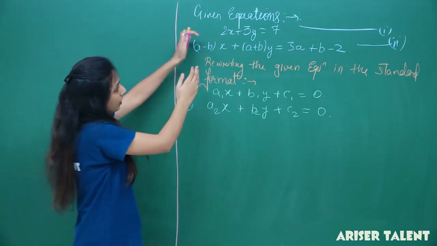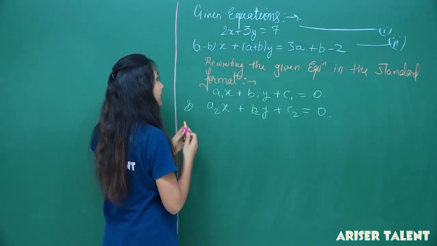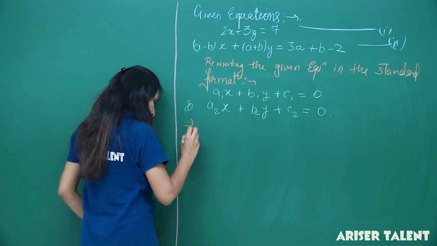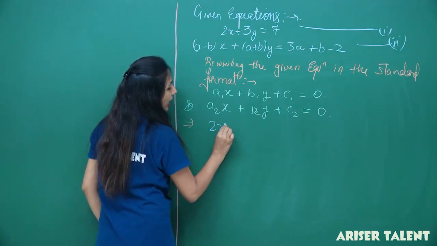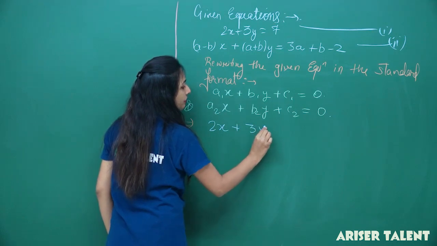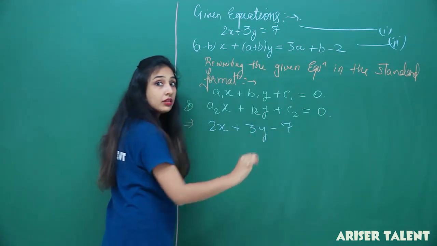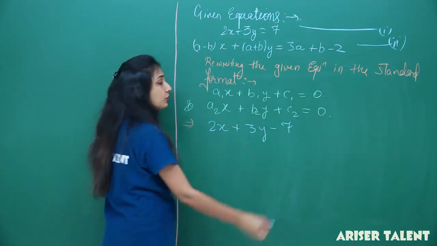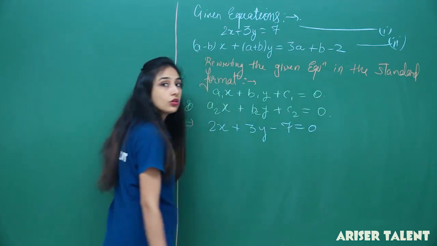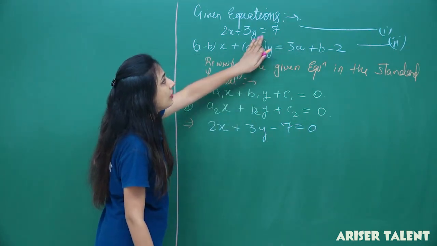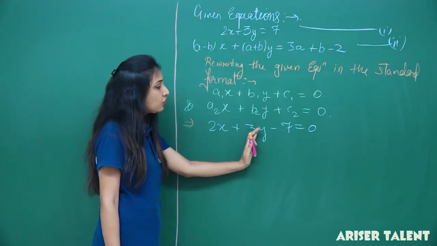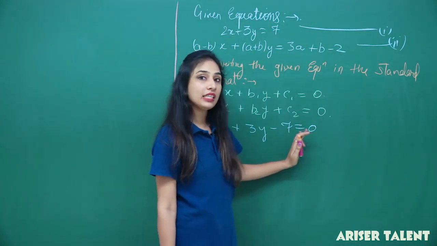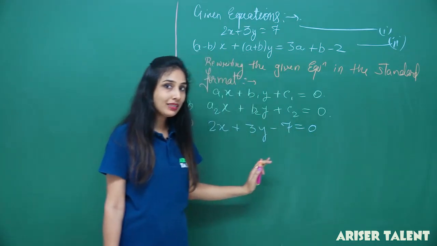So if I write these equations in this format, it becomes 2x plus 3y minus 7 equals 0. What I did was transpose the 7 to this side, so that it becomes a1x plus b1y plus c1 equals 0, the standard format.